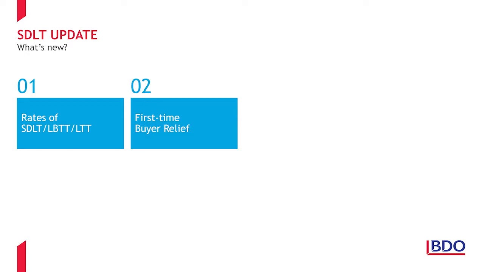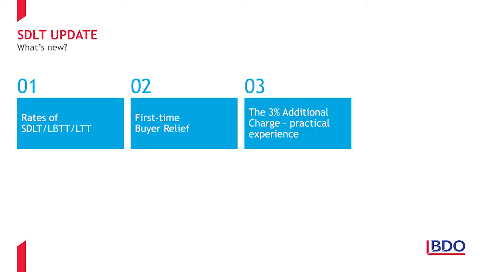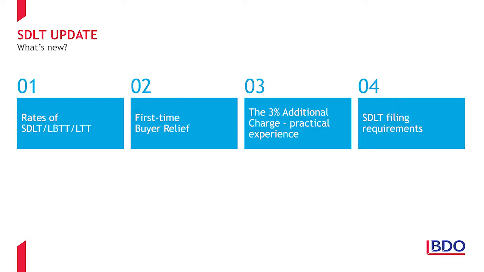Secondly, we'll look at the valuable first-time buyer relief. Third, not so new, but an area of continuing difficulty, is the additional 3% SDLT charge on second homes. And soon to be with us in April next year, some changes to the SDLT filing requirements.